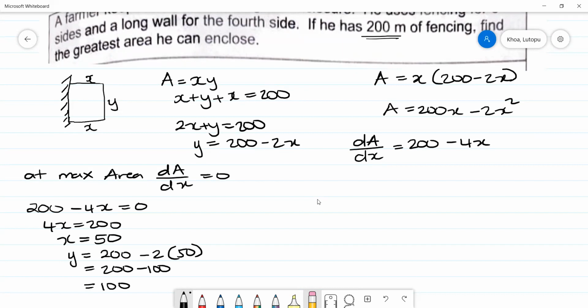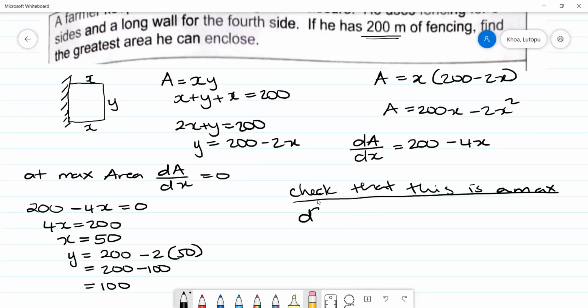Now, we always want to verify and see, does this in fact give us the maximum area? And we test using the second derivative. Okay, so to check that this is a maximum, we use the second derivative.